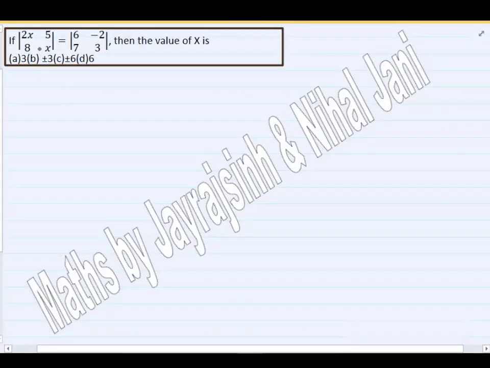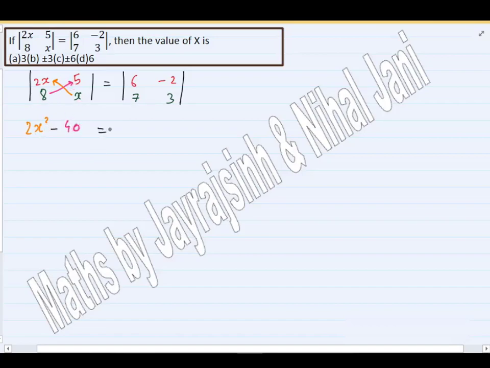In the next question, we have one equation of determinants and we have to find the value of x. So first of all, let's get our determinants, and here they are. We just have to simplify. X will multiply with 2x will give us 2x square, then minus 8 will multiply with 4, 5 will give us 40, is equal to the same thing on the right side, 3 6s are 18 minus 7 minus 2 is minus 14.